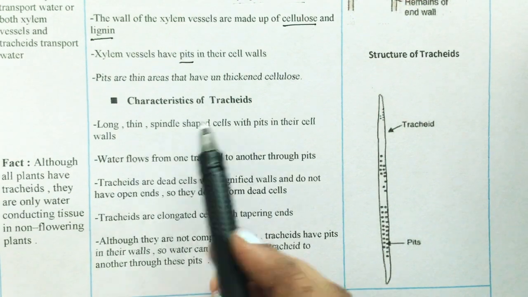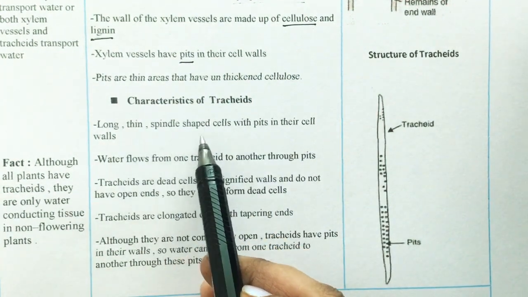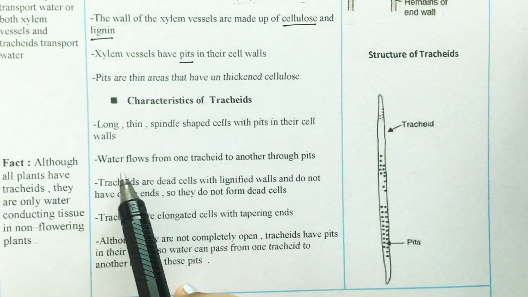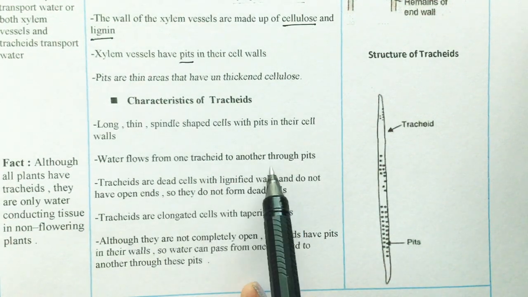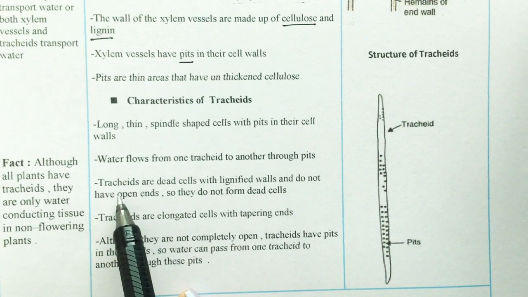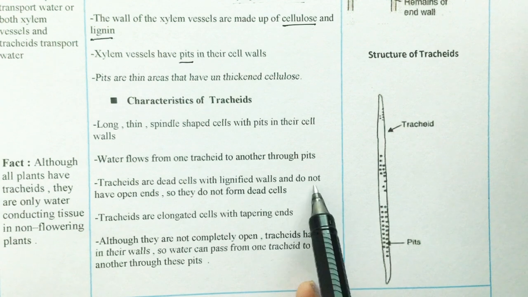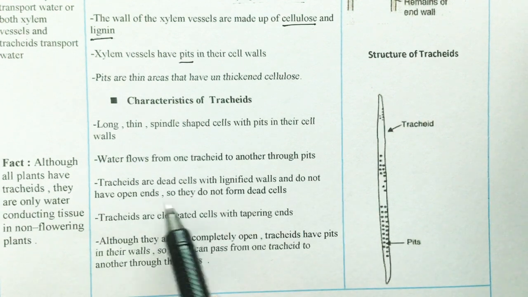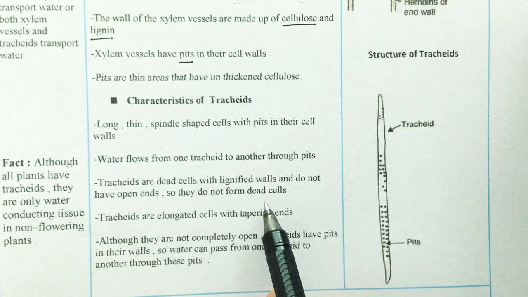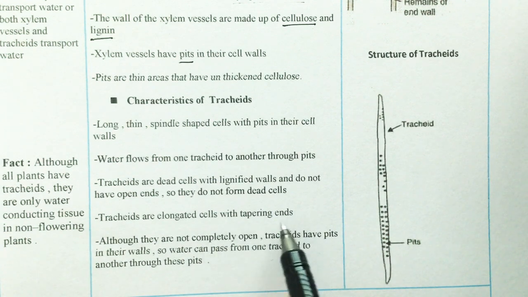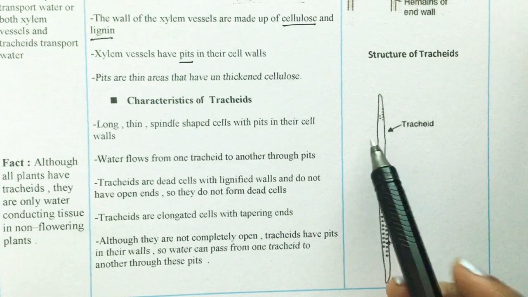Tracheids are long, thin, spindle shaped cells with pits in their cell walls. Water flows from one tracheid to another through these pits. Tracheids are dead cells with lignified walls and do not have open ends, so they do not form long tubes. Tracheids are elongated cells with tapering ends. Can you see this?